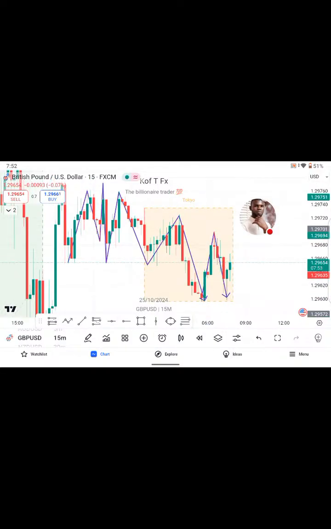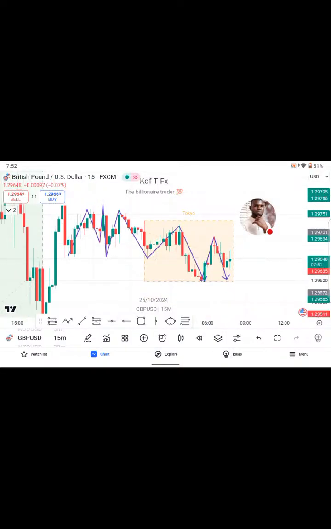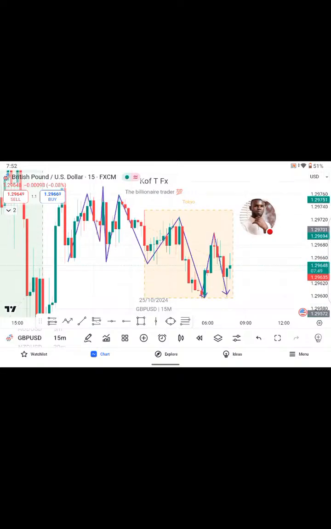As it is, there's no setup here as well. So no trading opportunity on GBP. So let's go to the next one, odd USD.